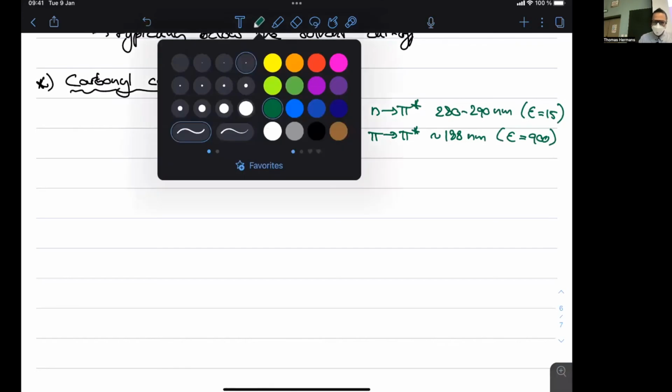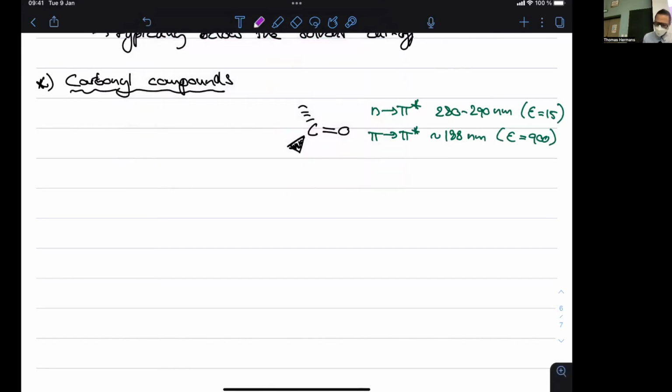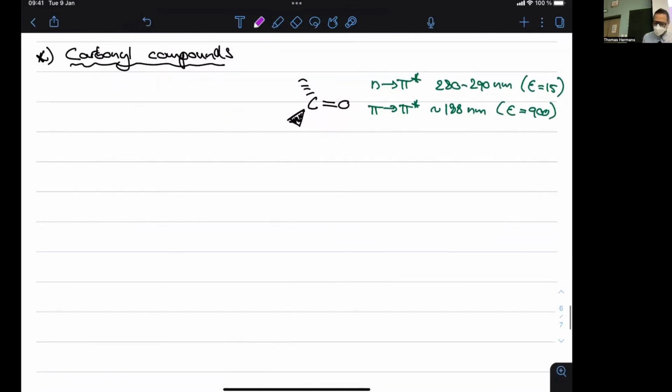Okay, let's draw the levels. That's always a bit of a difficulty. So we have the sp2 of carbon. In each orbital, we have one electron. We have the pz orbital of carbon with one electron.